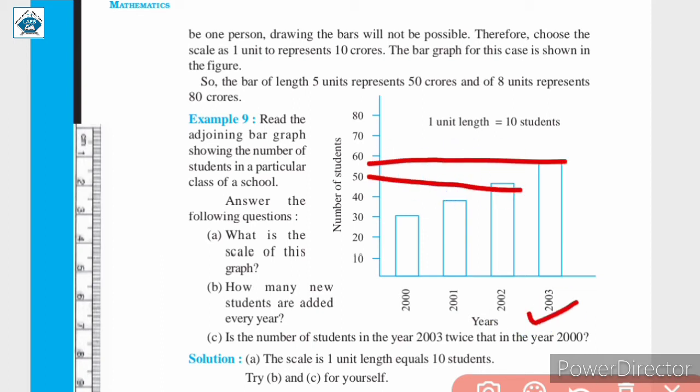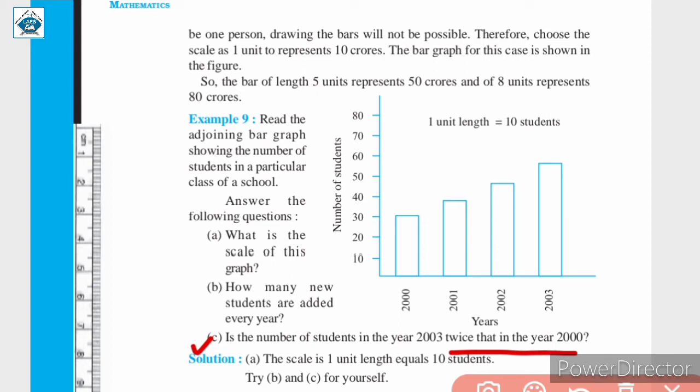So यहाँ पर जैसे हम लोग observe कर सकते हैं from this bar graph, every year there is a gap of 10 students. 30, 40, 50, 60, there is a difference of 10 students. So we can say that 10 new students are added every year. Next, is the number of students in the year 2003 twice that in the year 2000?